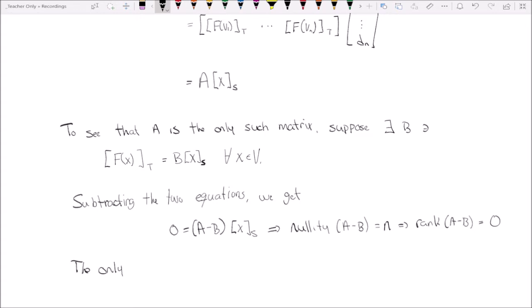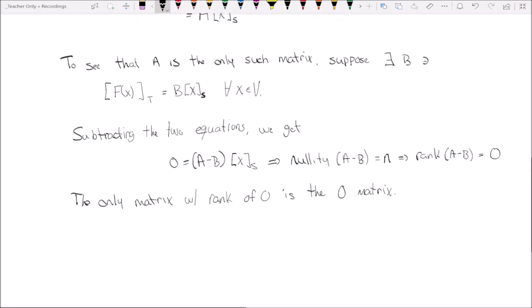There's only one matrix that has rank of 0, and that's the 0 matrix. So A minus B is the 0 matrix, which means that A has to equal B, which proves that this is the only such matrix. And so the proof is complete.